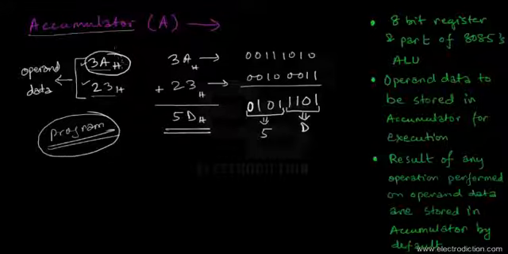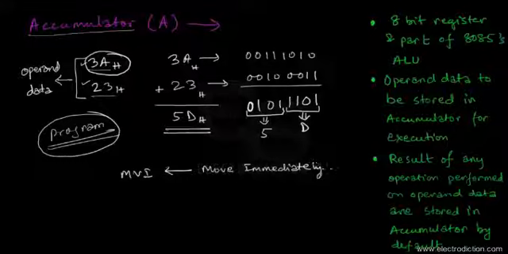In order to store 3A in the accumulator, we need to learn an instruction that is known as MVI. MVI stands for move immediately, and you're supposed to declare it this way. You write MVI, and then you specify the name of the register where you want to load your data, and you give the value of the data over here.